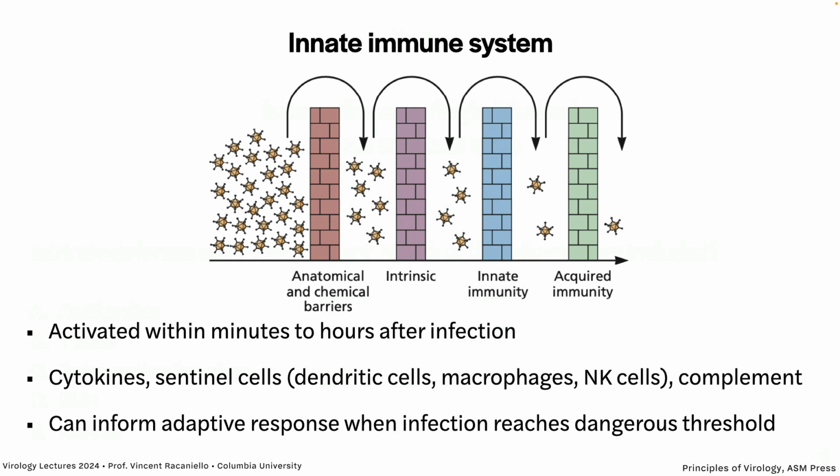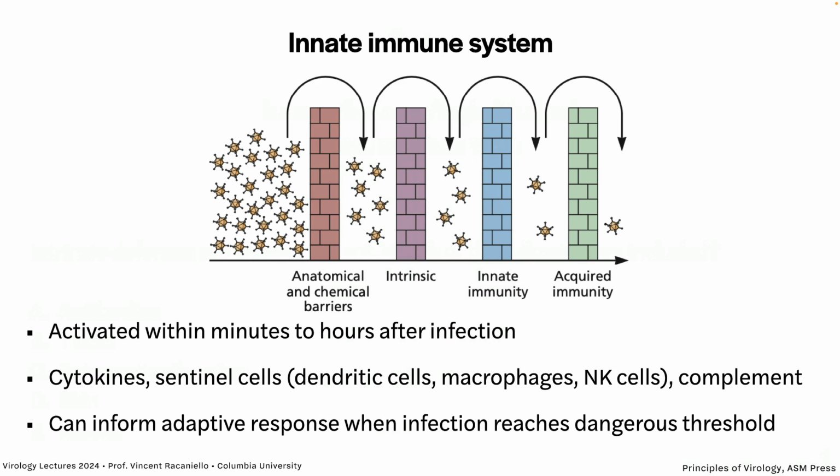All right, let's talk about the innate immune system, which is that third brick wall, where it's activated minutes to hours after infection. And it's comprised of cytokines, sentinel cells, and complement. The sentinel cells are dendritic cells, macrophages, and NK cells.